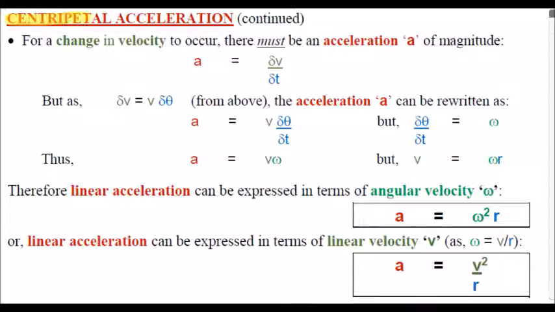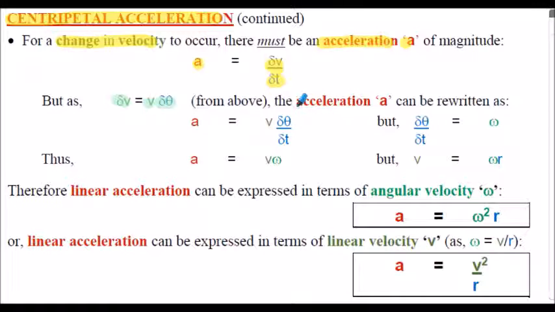Centripetal acceleration continued. Repeating from the previous slide, for a change in velocity to occur, there must be an acceleration a. a is delta v divided by delta t. But from the previous slide, change in linear velocity is actually the linear velocity multiplied by the angle turned through.